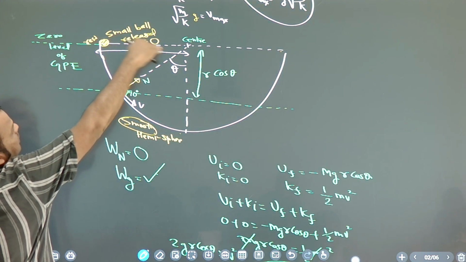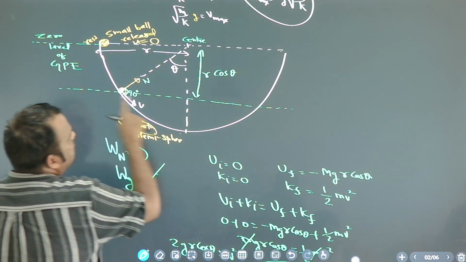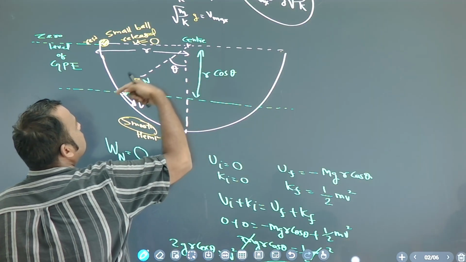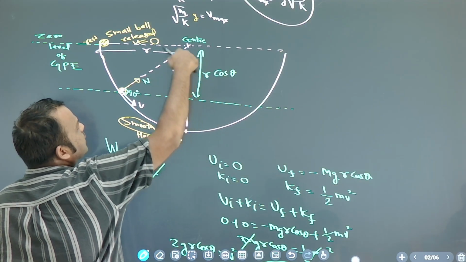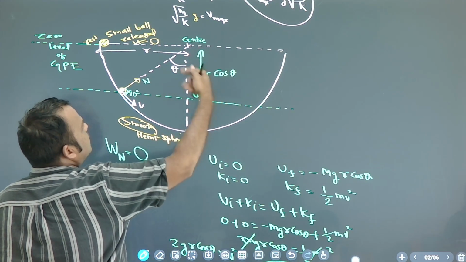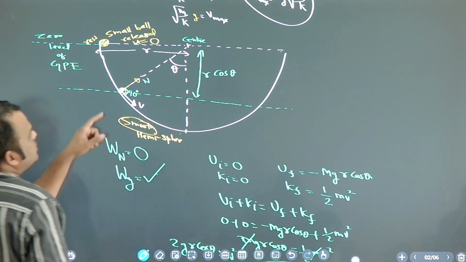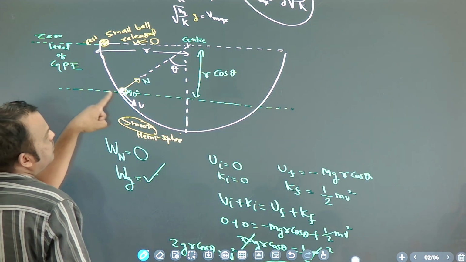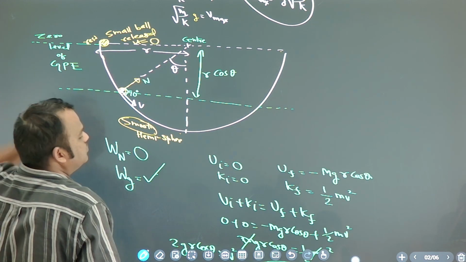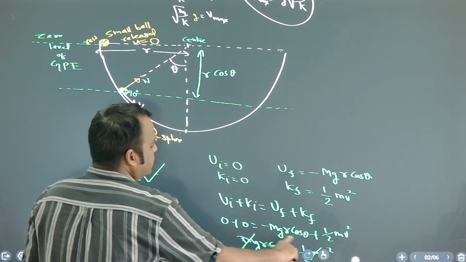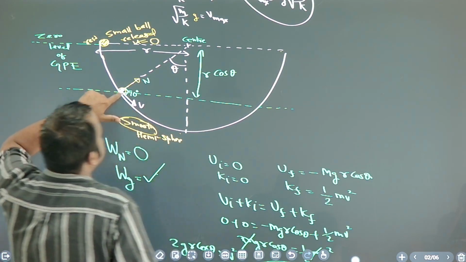So this is 0 level, and this you calculate. This is r radius, this is theta. So r cos theta. So what is the potential here? Minus mgh, so minus mgR cos theta. And what is the kinetic energy here? Half mv square.